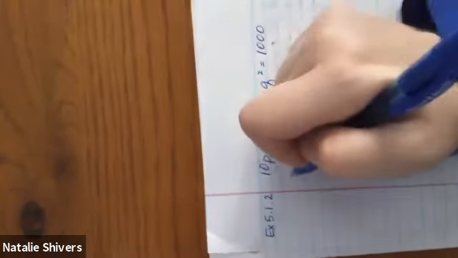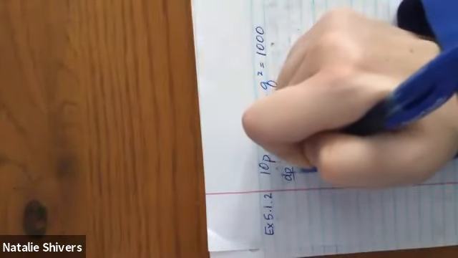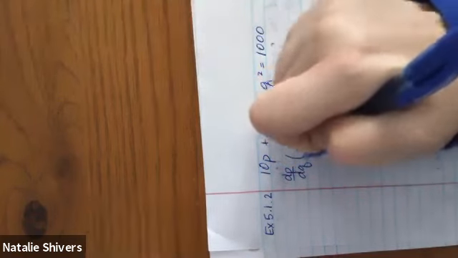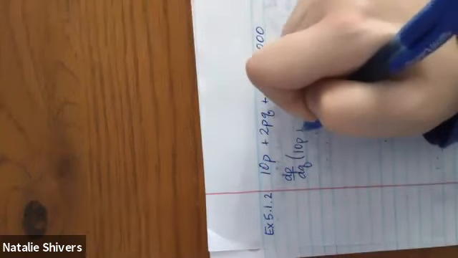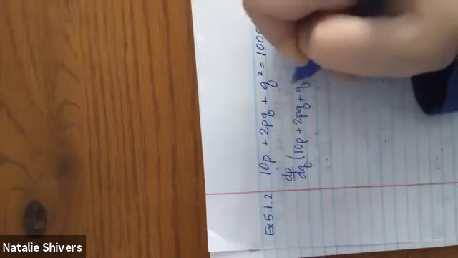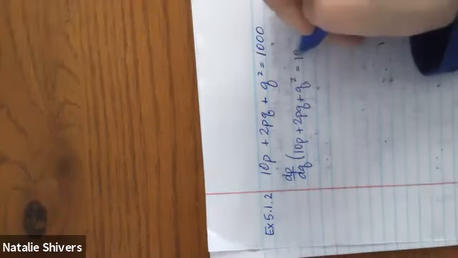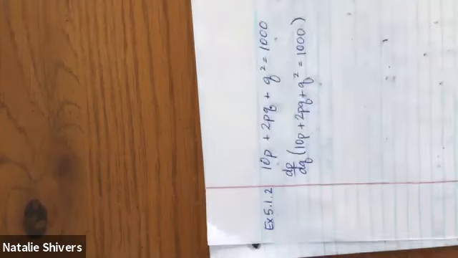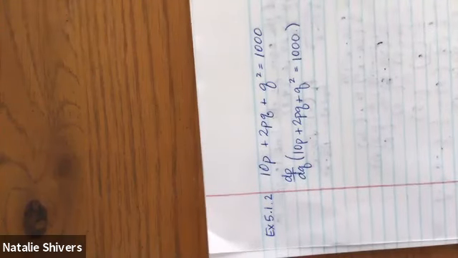So I'm going to put dp/dq of 10p plus 2pq plus q squared equals 1,000. Okay? And what I'm going to do from here, again, is take the derivative of everything. But when I take the derivative of q, I don't need to attach dp/dq onto it.